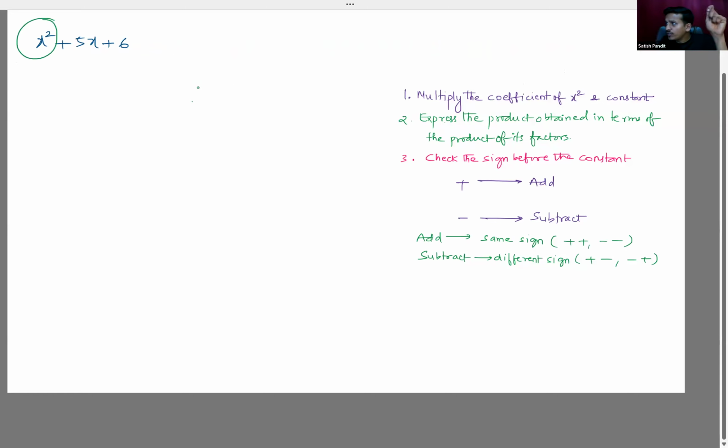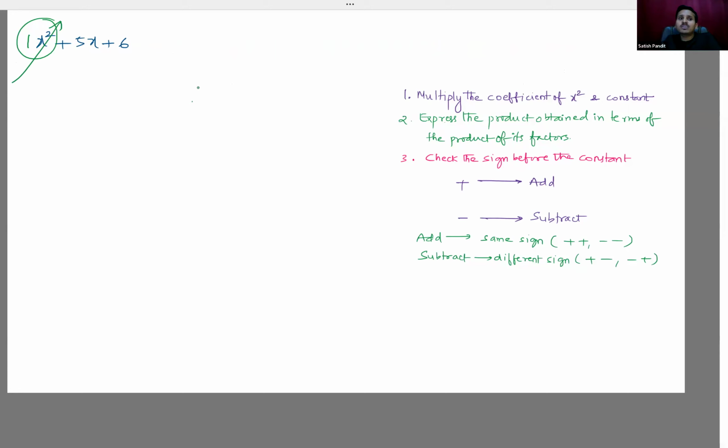Remove x square. What is left in that term? Nothing, which means only one is left, because 1 into x square is x square. If 0 were there, 0 into x square would become 0, so don't say the coefficient of x square is 0. The coefficient of x square is 1.